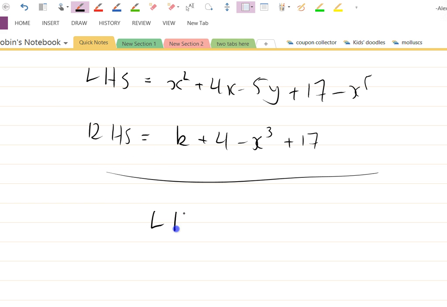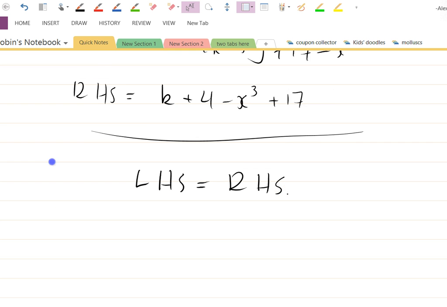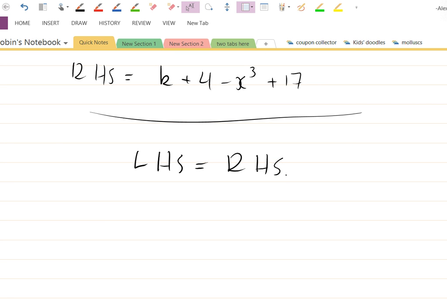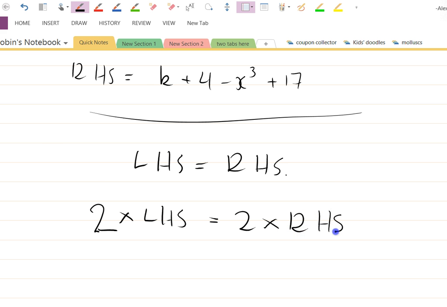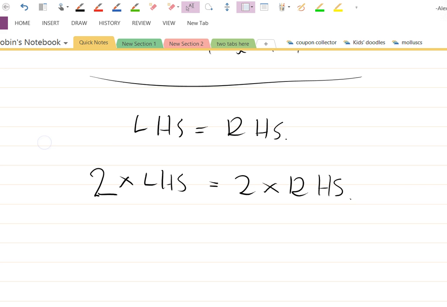When I write this down, the left hand side equals the right hand side, I can say that 2 times the left hand side equals 2 times the right hand side. Because I imagine I've got my hands in front of me and I've got a little bunch of things in my left hand, and something in my right hand.